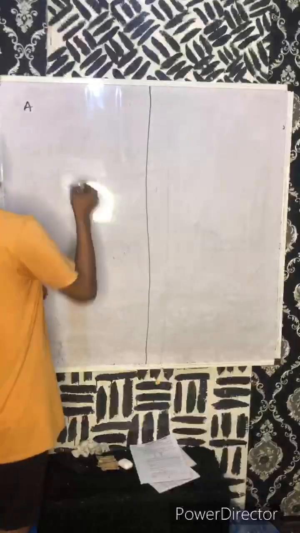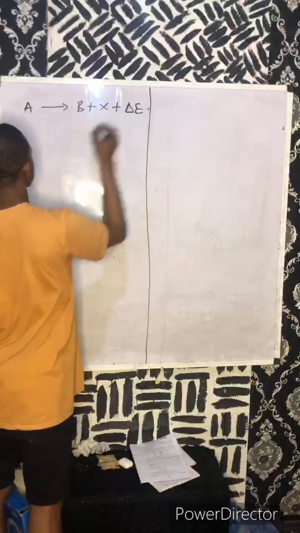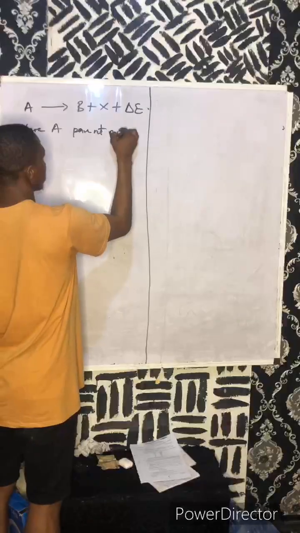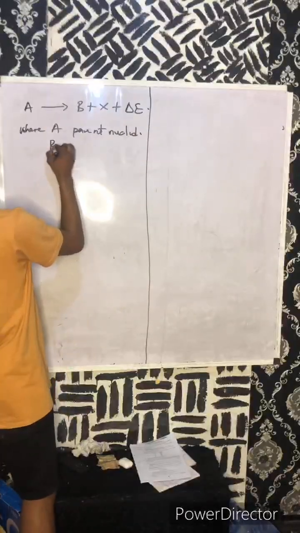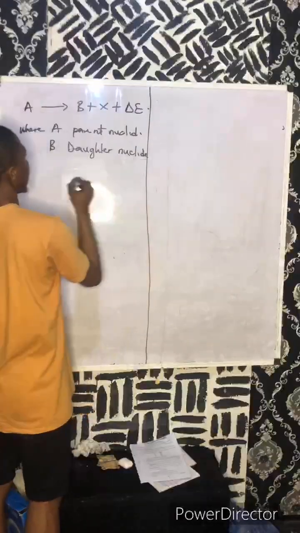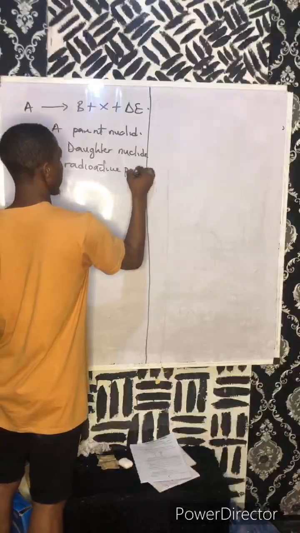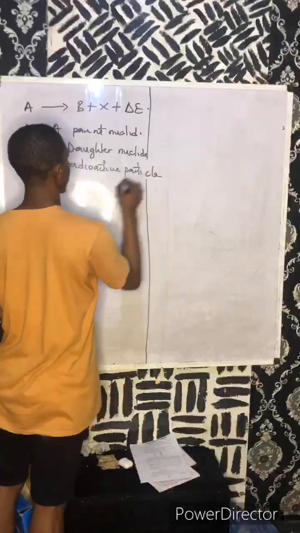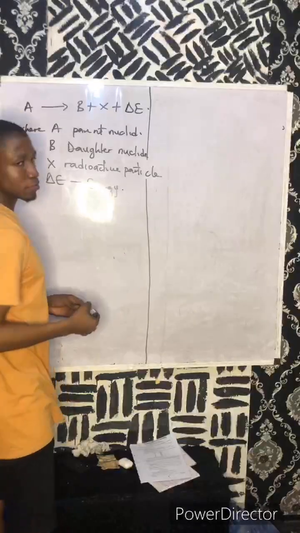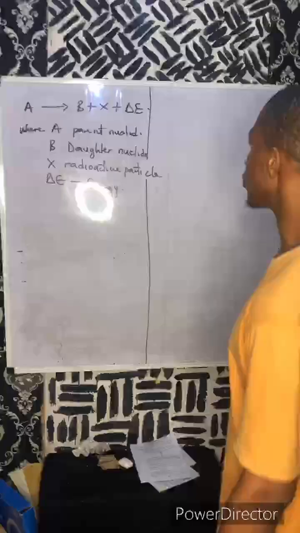A typical radioactive reaction is A gives us B plus X plus delta E, where A is the parent nuclide, B is the daughter nuclide, X is the radioactive particle, while delta E is obviously energy. So that is a typical radioactive reaction. Are we there?